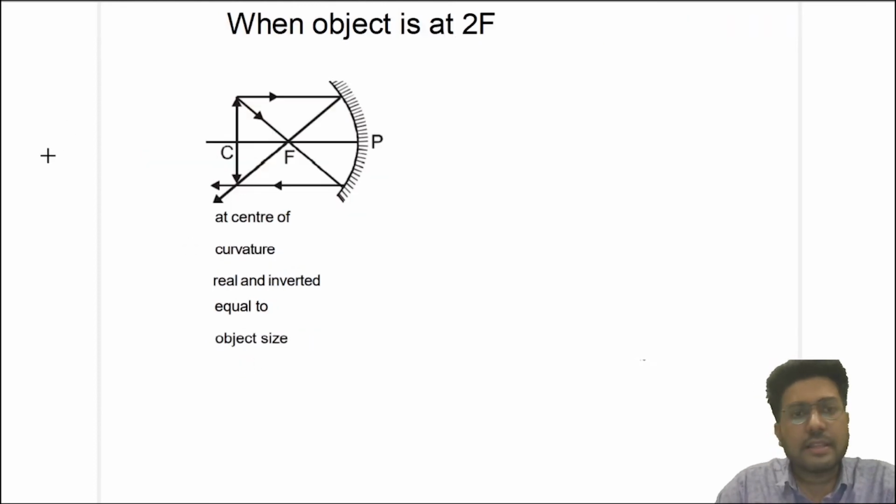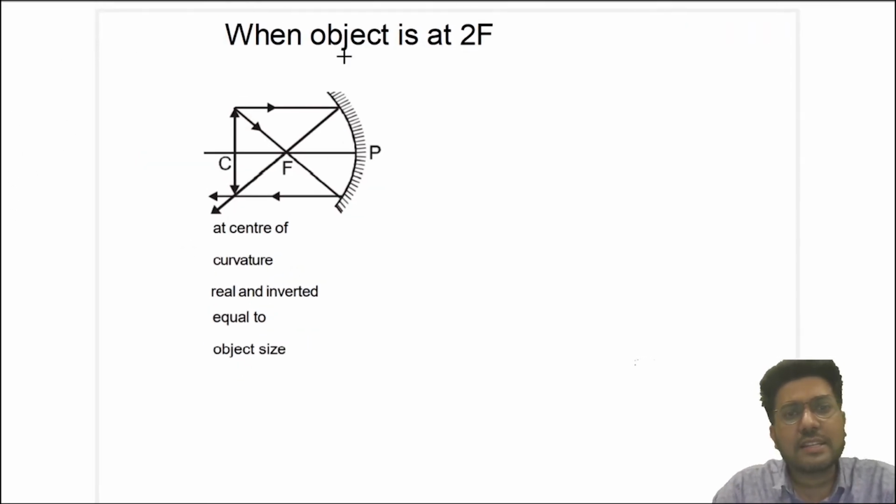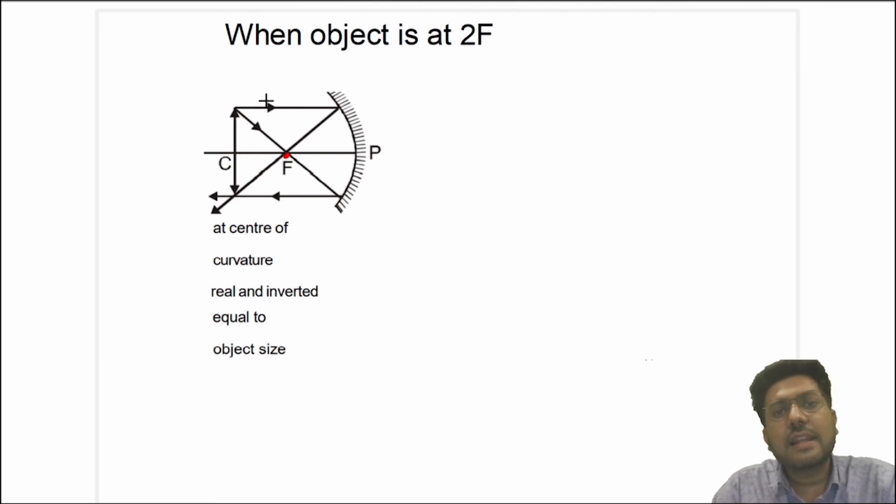Okay. Then the next case is when the object is at 2f. So let us use the first rule in this ray diagram. The first rule is a ray parallel to the principal axis, after reflection, passes through the focus. Let us also use the second rule. What is the second rule? A ray which is passing through the focus, after reflection, becomes parallel to the principal axis.